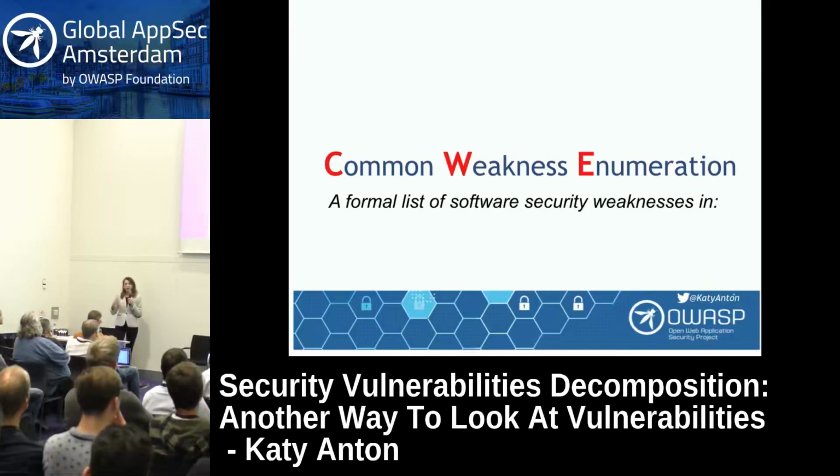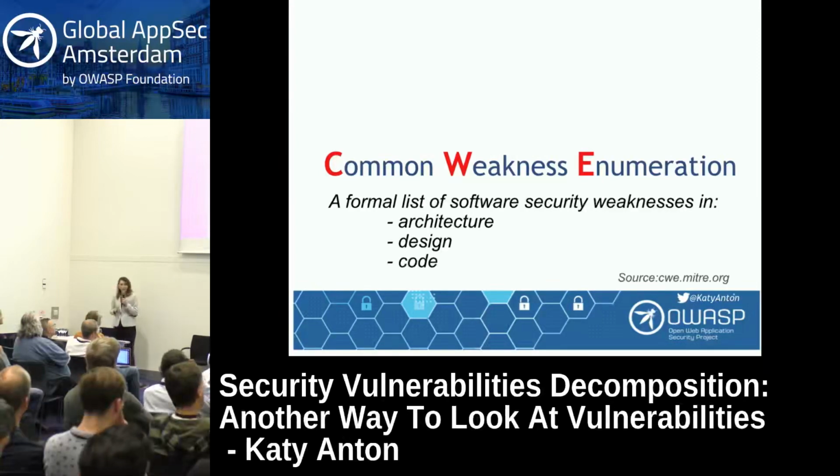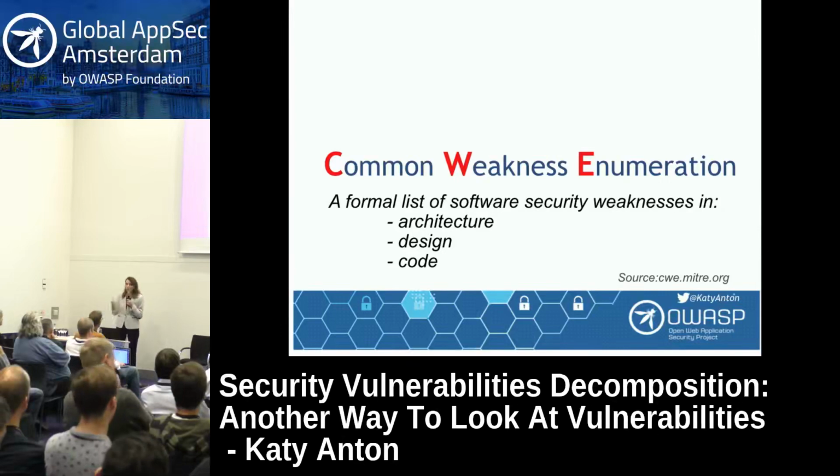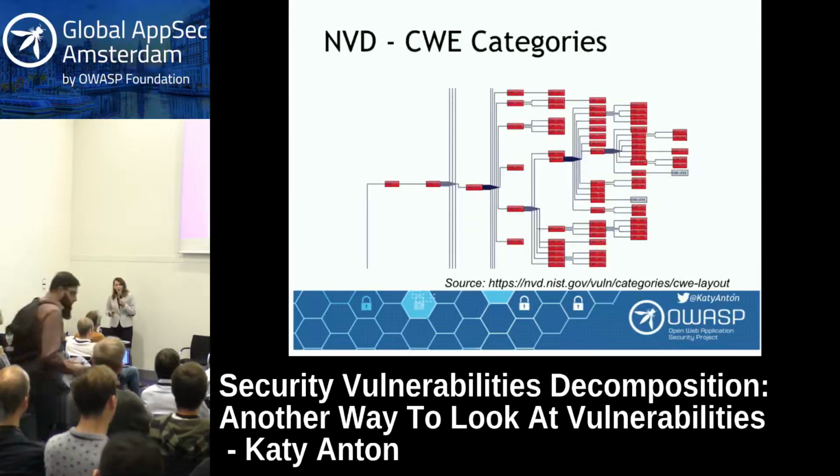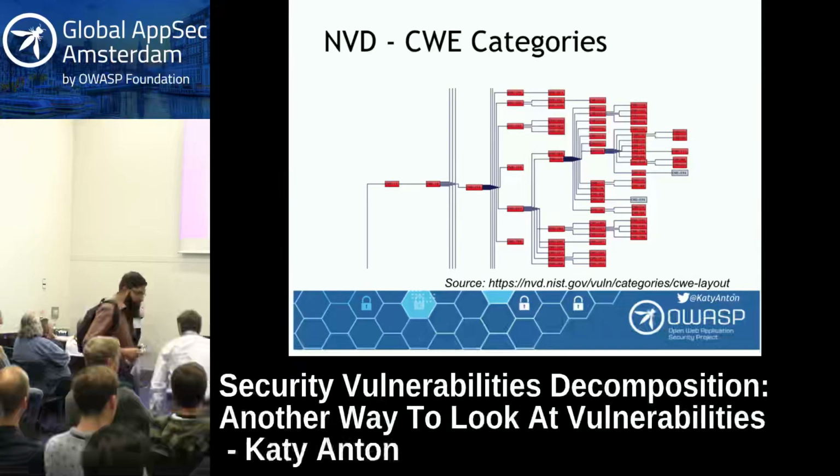This is a formal list which describes the software security weaknesses which have been introduced in the software at the architecture and design stage and during code development. And this is what all of these are, software security weaknesses. And they have been analyzed for a long period of time, classified, organized. There is a very nice classification on the NVD website of all of these.